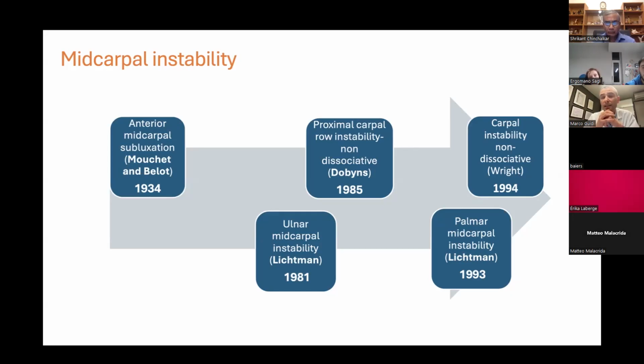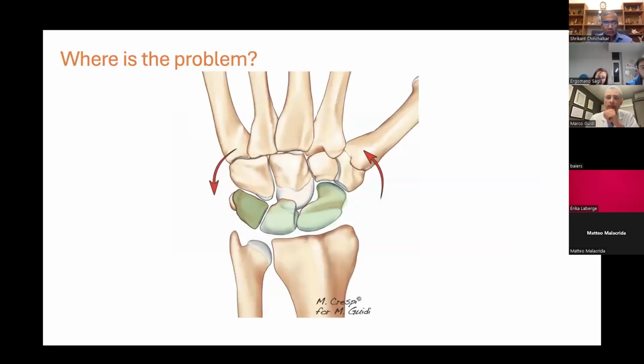The carpal instability dissociative is an instability between bones of the same carpal row, and the carpal instability non-dissociative is where the entire row is not working properly.